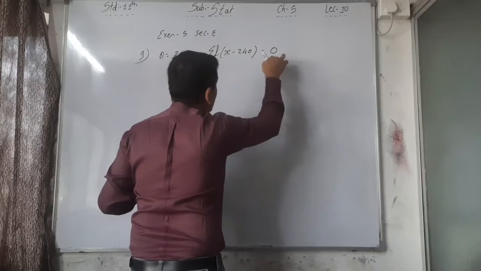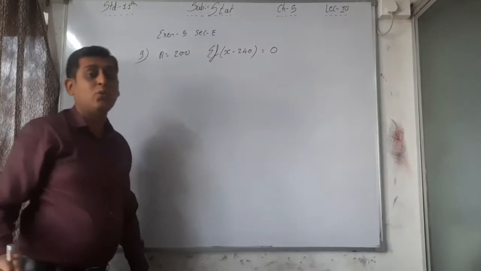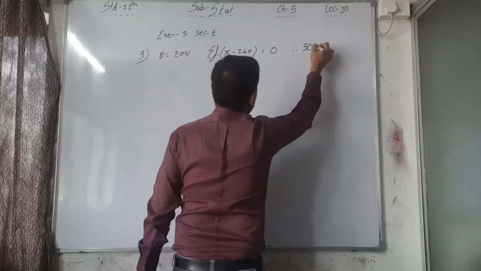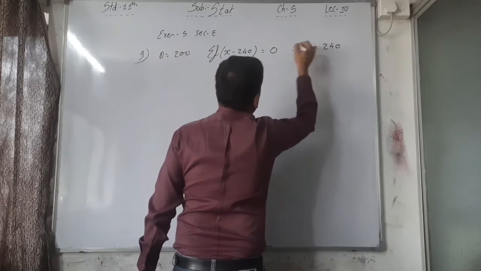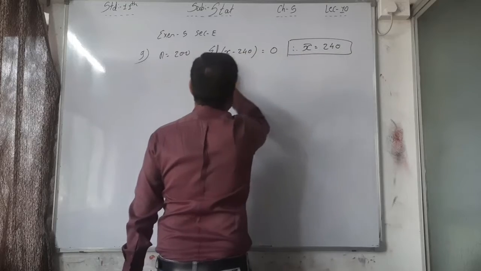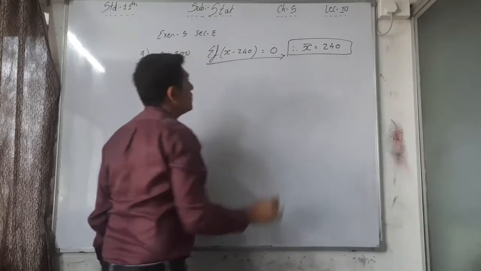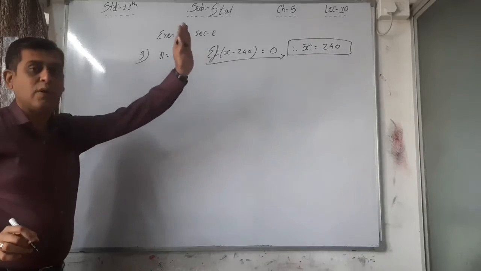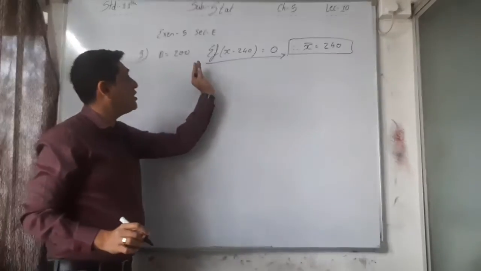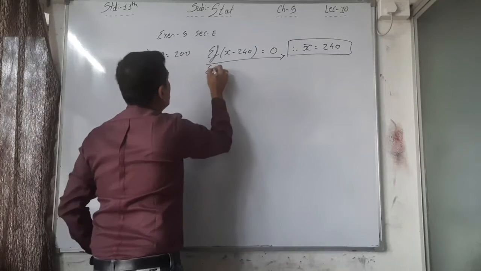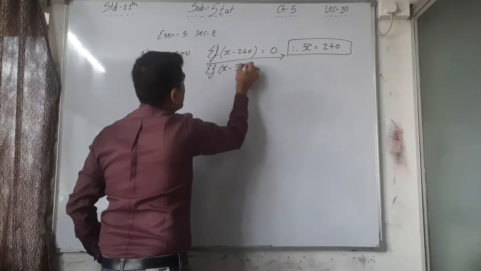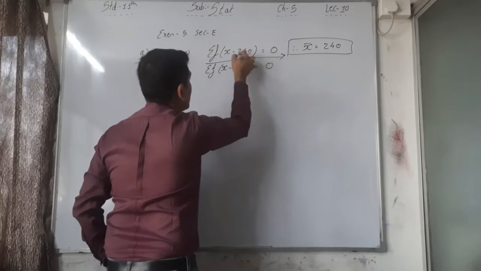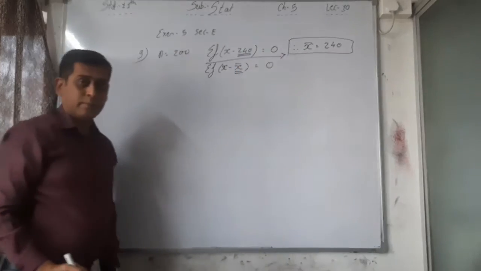So from this data you can say x bar is equal to 240. Therefore we can say x bar is equal to 240. On the basis of this we can say sigma f into x minus 240 is equal to 0; that means this is sigma f into x minus x bar, because it is always 0. That's why x bar is equal to 240.